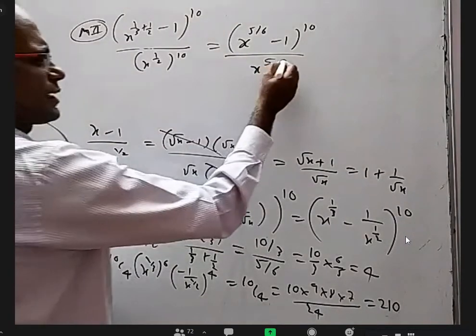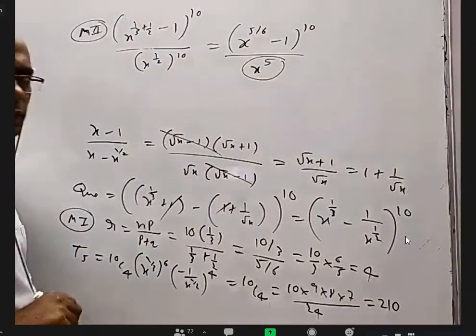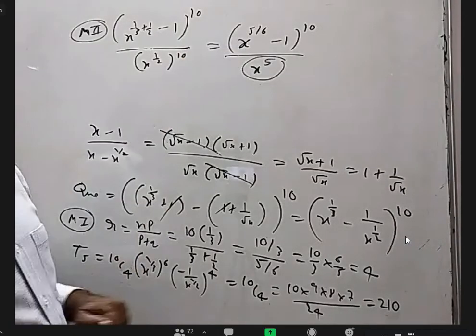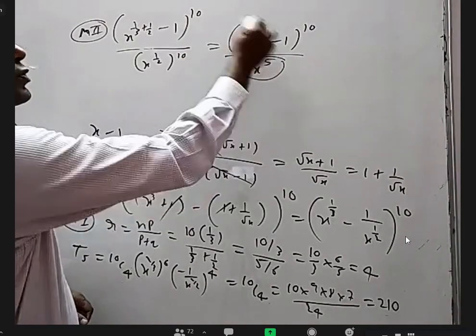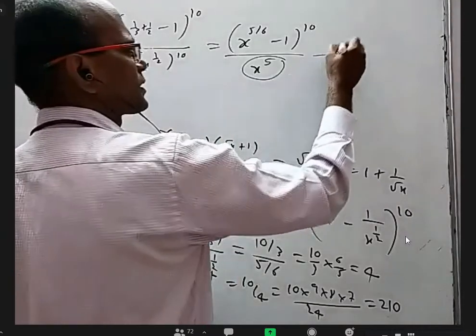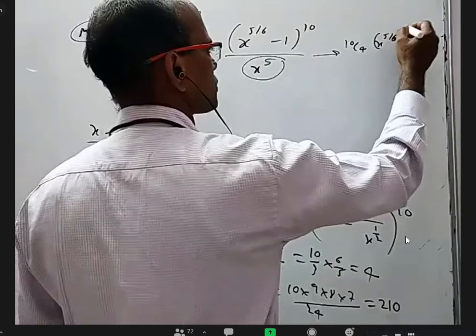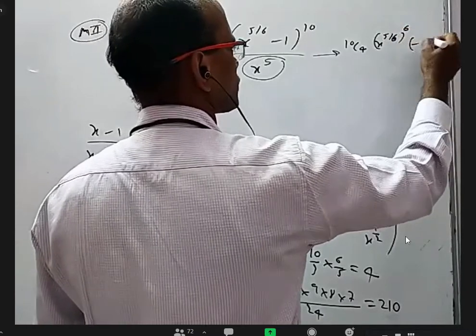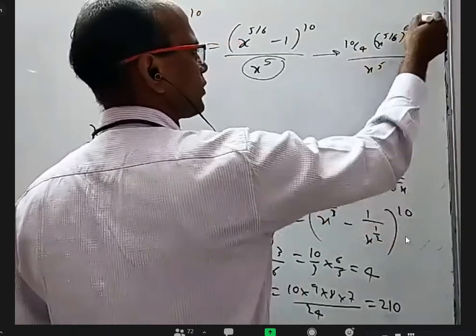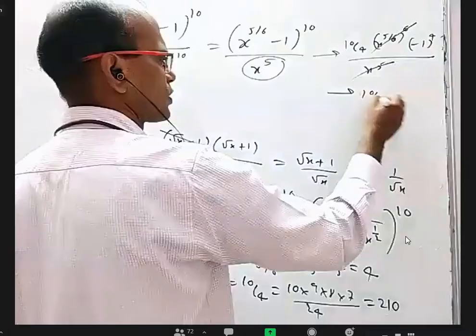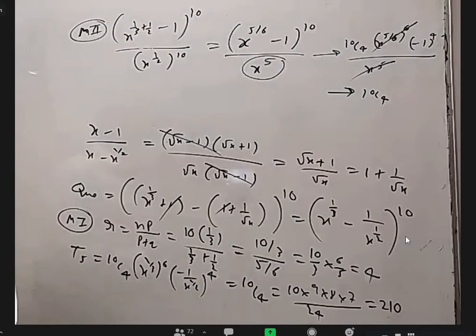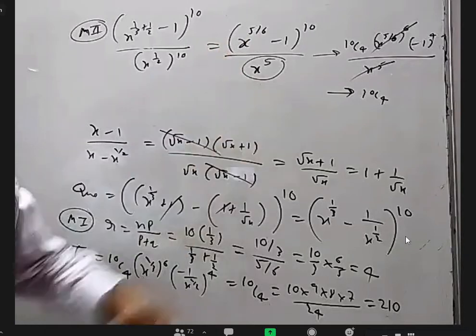Now already here x power 5 is there. If you want the term independent of x, here also I should get x power 5. For that, the power of this should be 6. So we can easily understand if I take 10C4, x power 5 by 6 whole power 6 minus 1 whole power 4 by x power 5, they will get cancelled. I'll get 10C4. So the power 6 I have to take, this is easy to realize here.